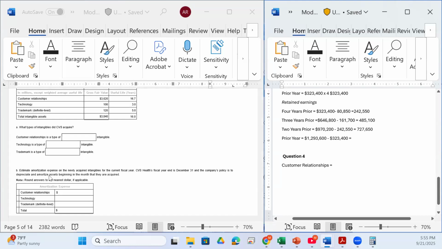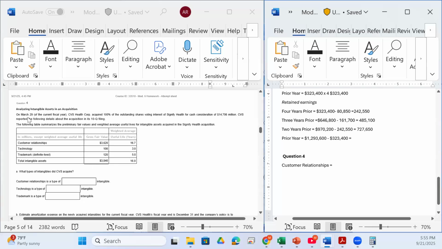The company's policy is to depreciate and amortize assets beginning in the month that they were acquired, and they were acquired on March 29. So we have to amortize for all the months in that year from March. Including March, excluding January and February, there are 10 months, right?